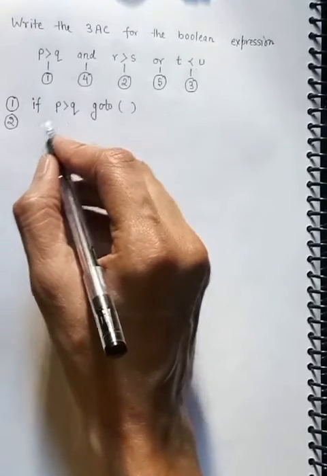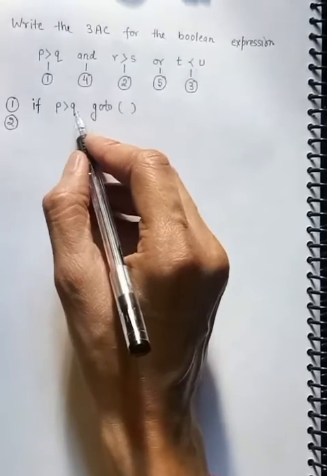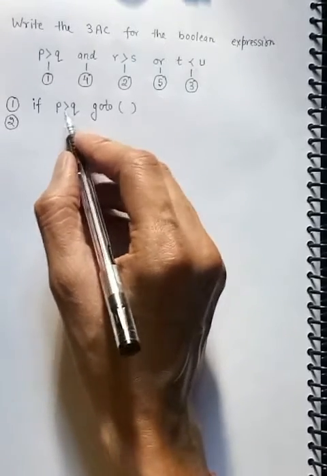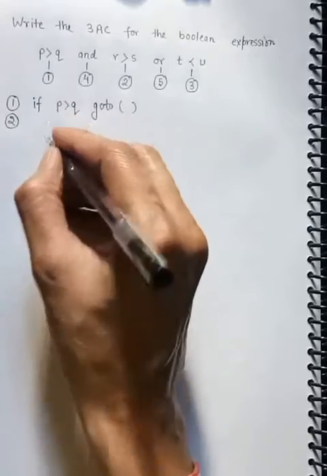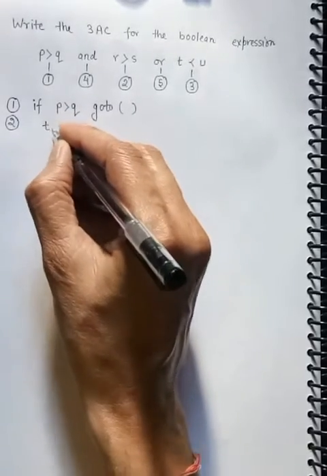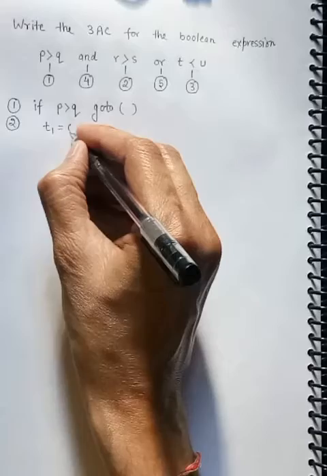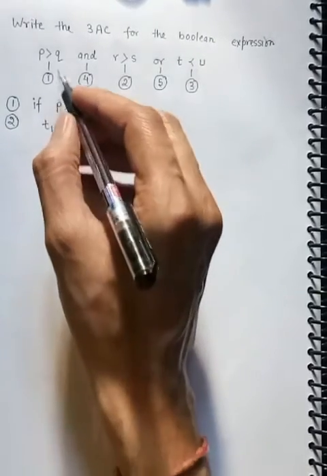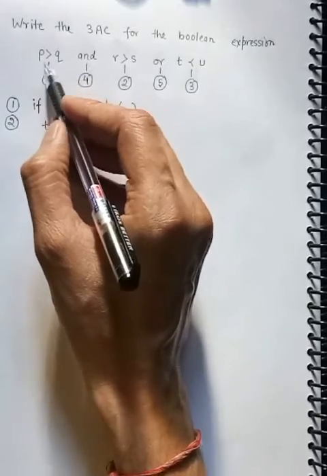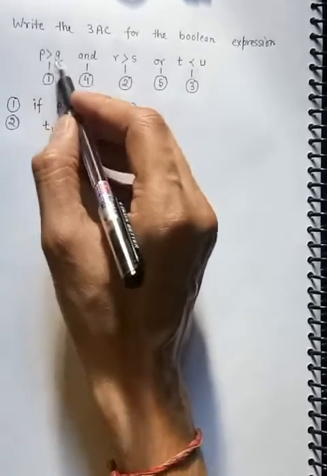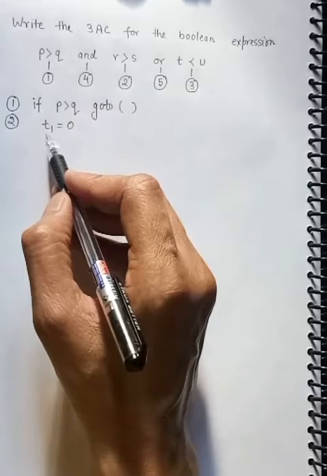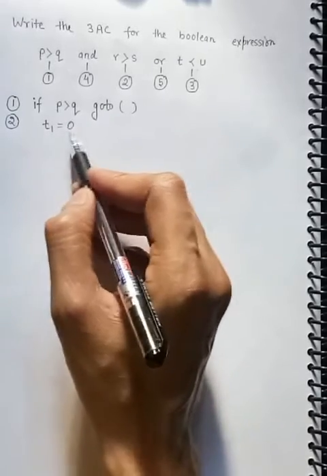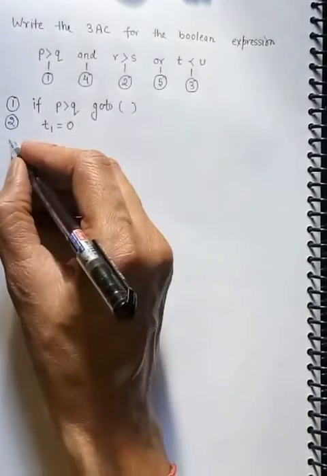So if p greater than q is not true, the value for this expression is 0. So here I am storing t1 equals 0, because we have planned to store the value of p greater than q in a compiler generated temporary variable t1.